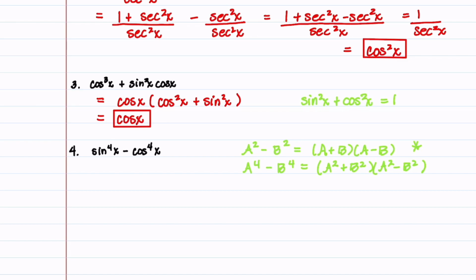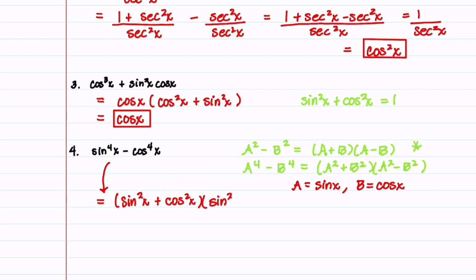Let's now notice that our a is sine x and our b is cosine x. So we can write this as a squared, which is sine squared x, plus b squared, which is cosine squared x, times sine squared x minus cosine squared x.